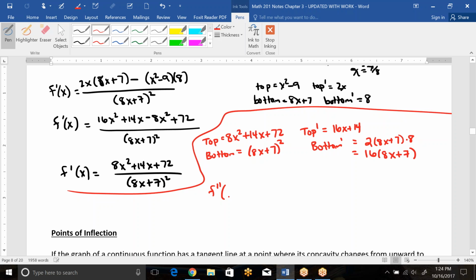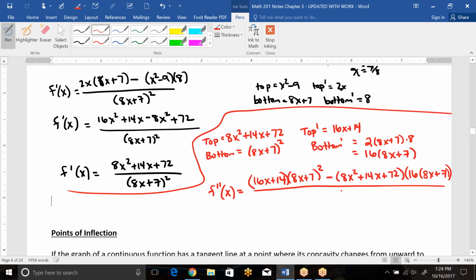So the f double prime is the derivative of the top times the bottom. Might want to write this in parentheses too, minus the top times the derivative of the bottom, all over the bottom squared.